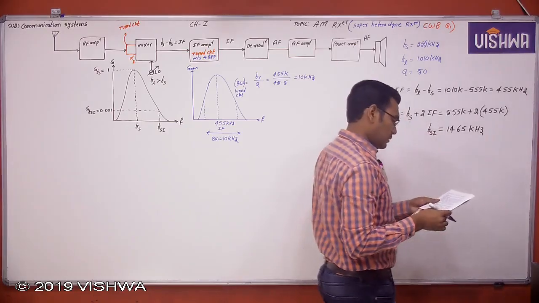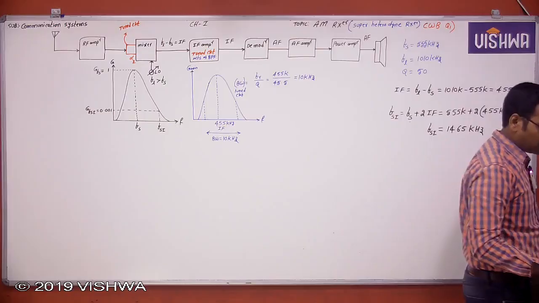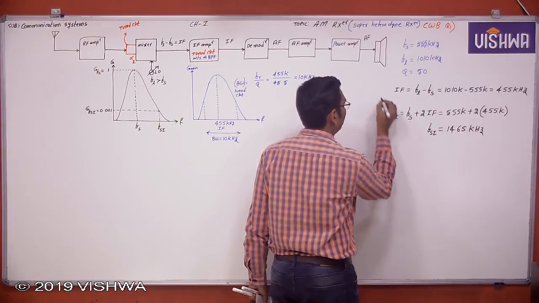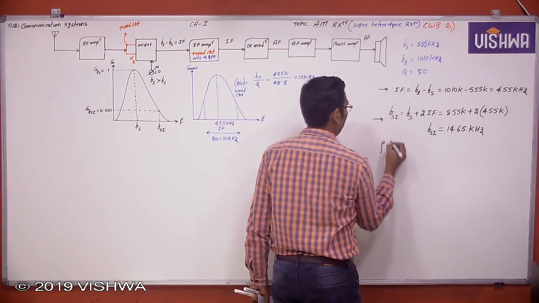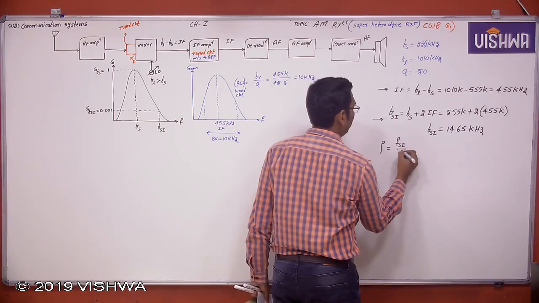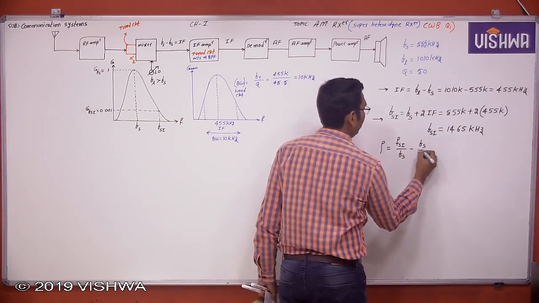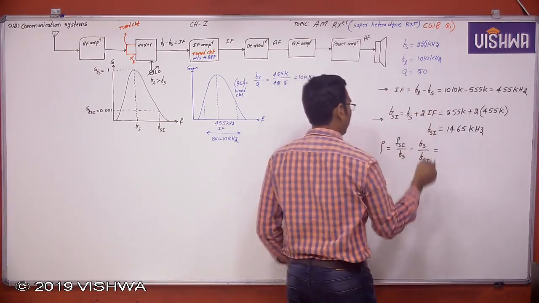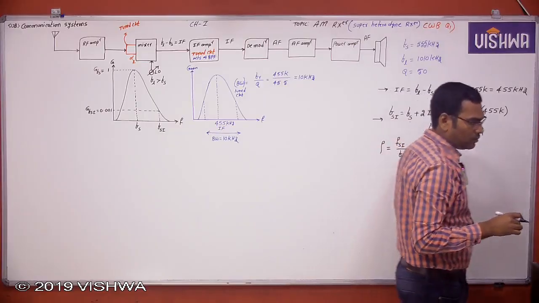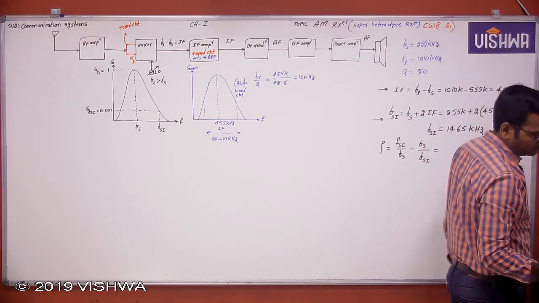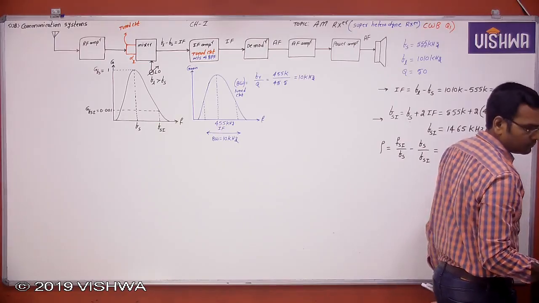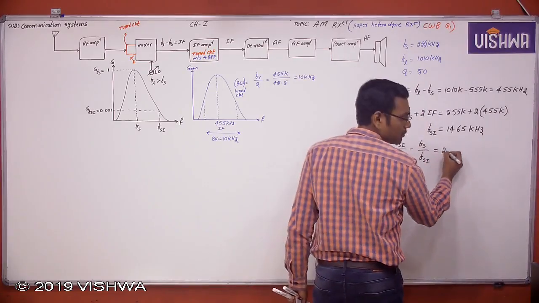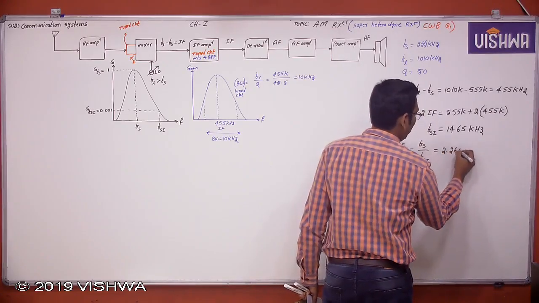And he is also asking image rejection ratio. To find it, first find rho, which is FSI by FS minus FS by FSI. FSI is available, FS is available. If you calculate, that is 2.2608.